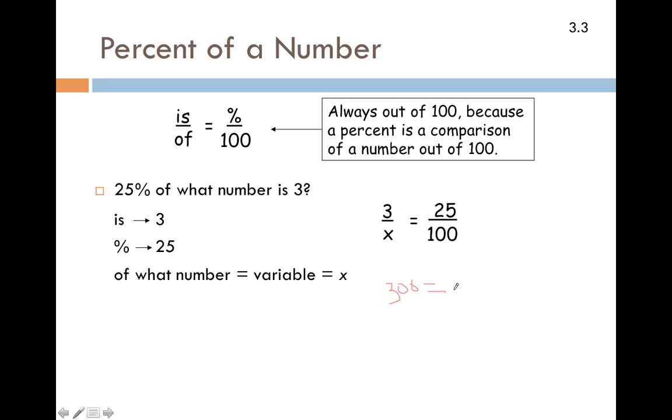X times 25, 25x. And then we divide both sides by 25. At the end of the day, x equals 12. So you guys were super.